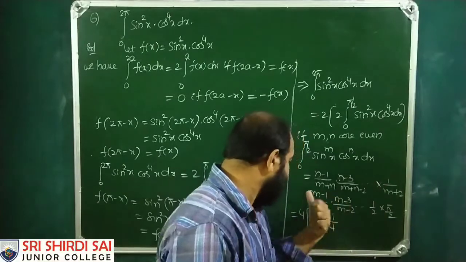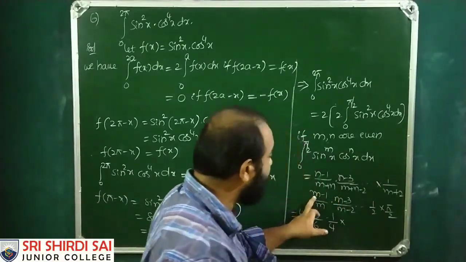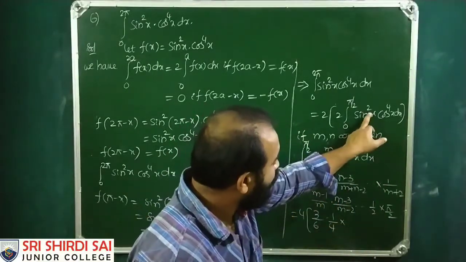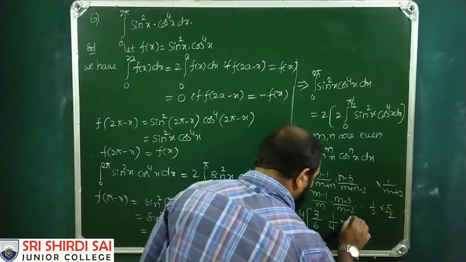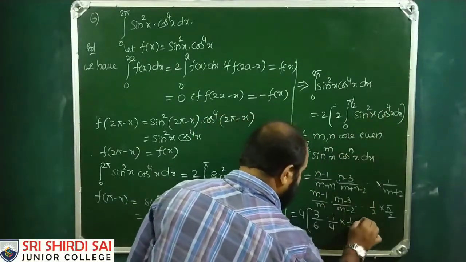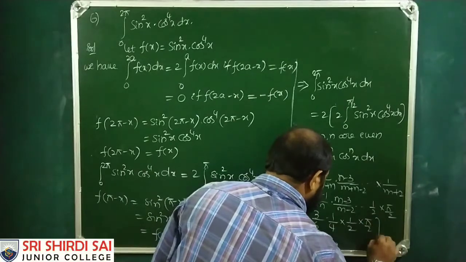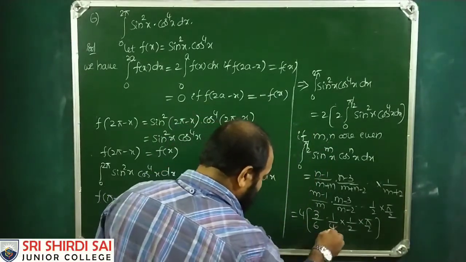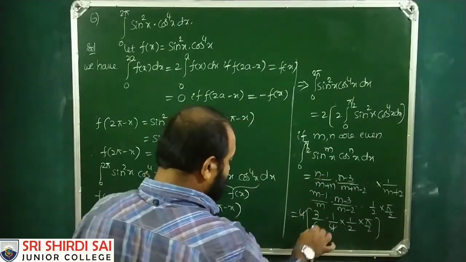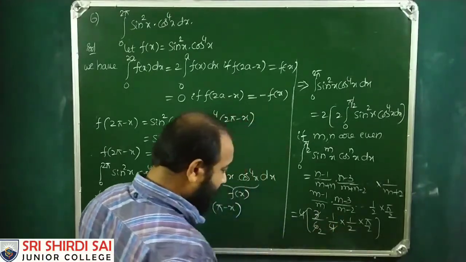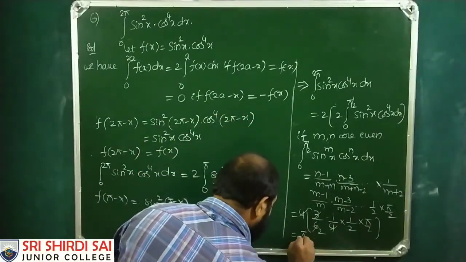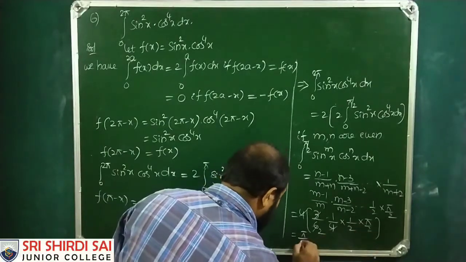What is the next term? The second part is to be continued. What is m? 2. 2 minus 1 is 1 by m, which is 2, into pi by 2. That is equal to, so 4 gets cancelled. So 3 is cancelled 2 times. So pi by 2, 2 2s are 4, 4 2s are 8.